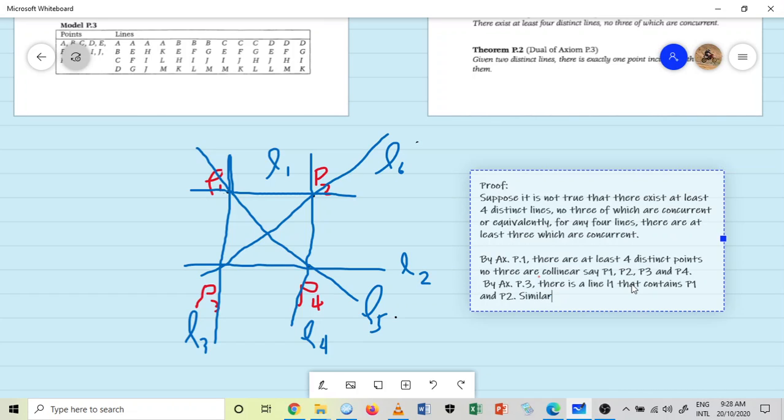Similarly, there is a line L2 containing P3 and P4.